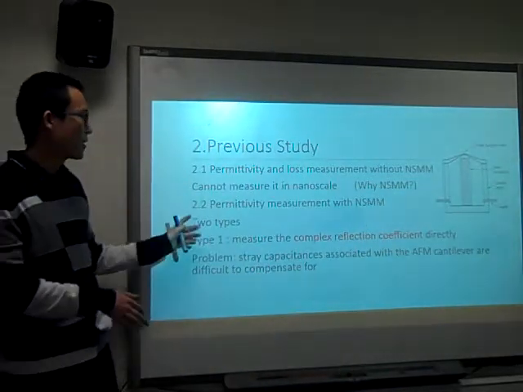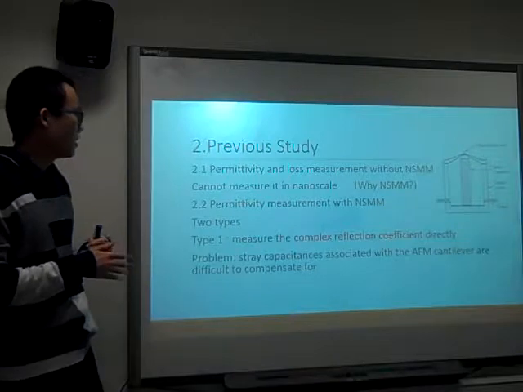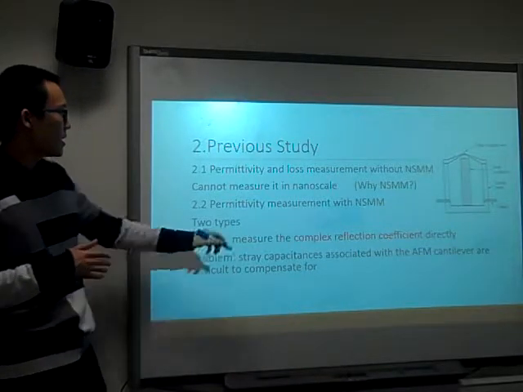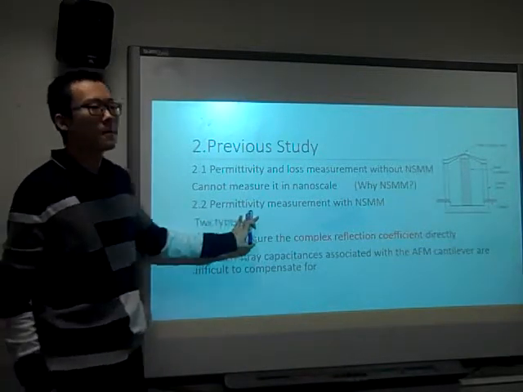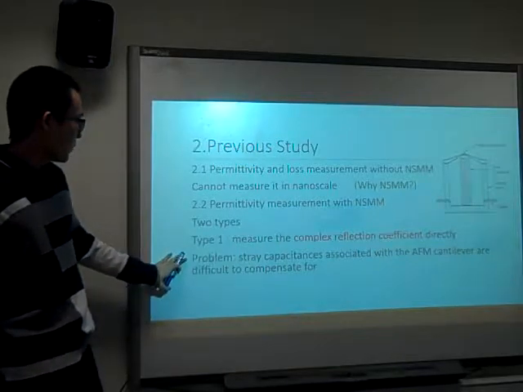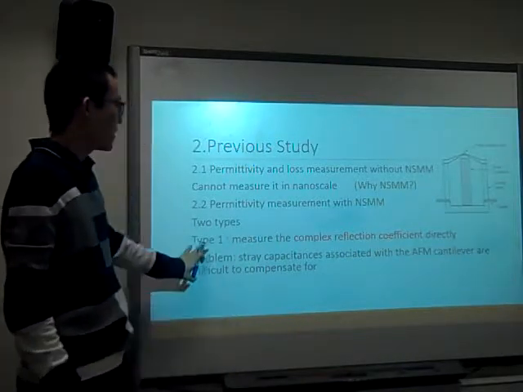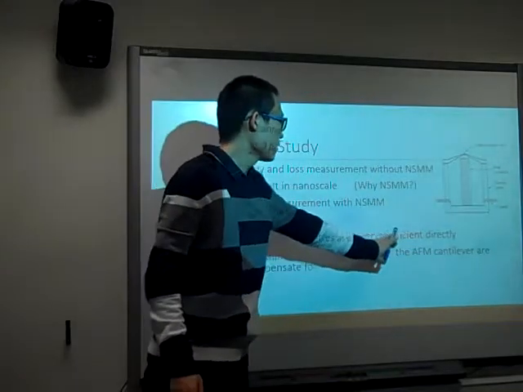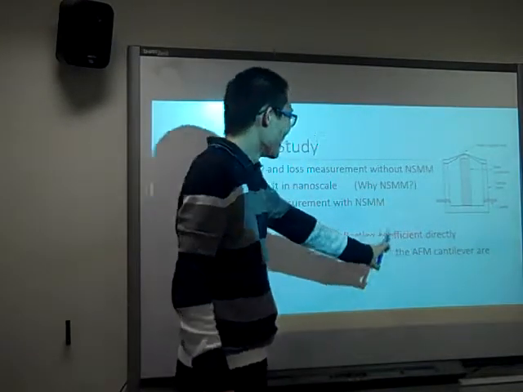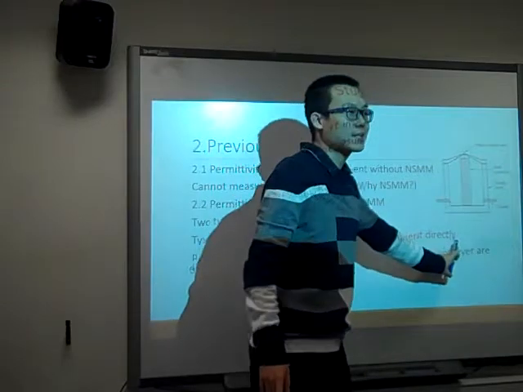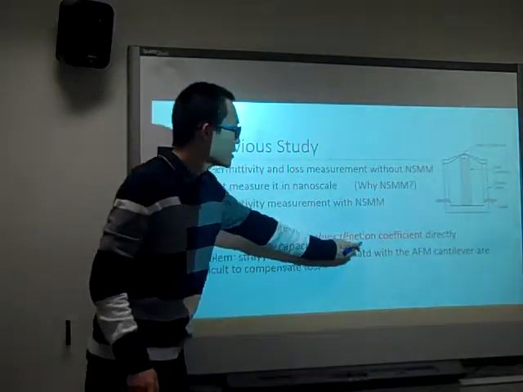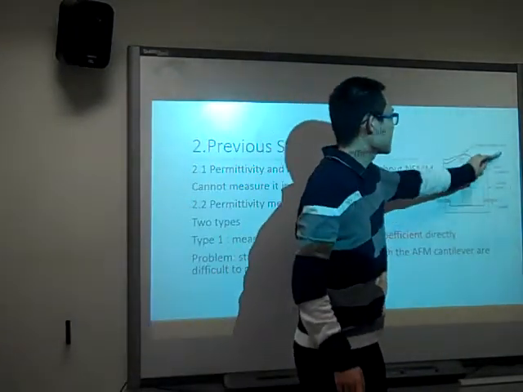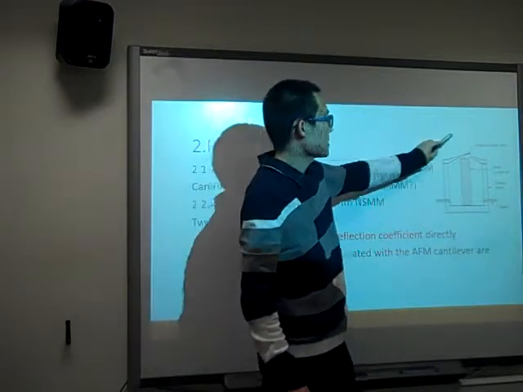And then the authors told us how to use NSMM to measure the permittivity. Well, there are two types. The first type is to measure the complex reflection coefficients directly. What does this mean? Maybe you can look at this picture. This is an NSMM.